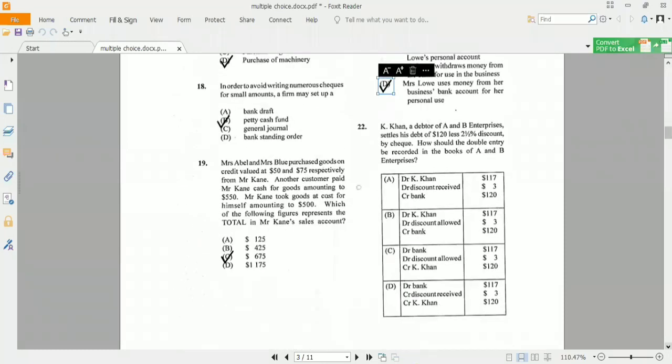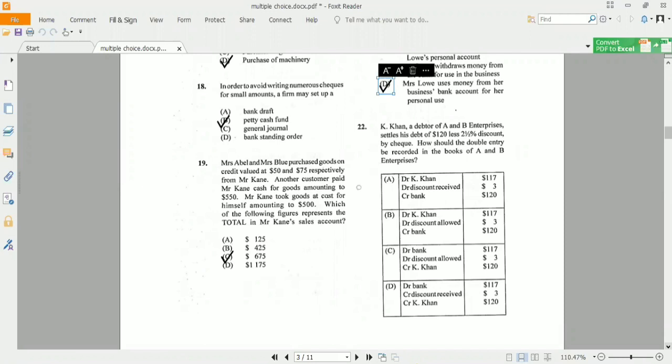Number 22. So number 22 reads, K. Khan, a debtor of A and B Enterprises, settles his debt of 120 less 2.5% discount by check.